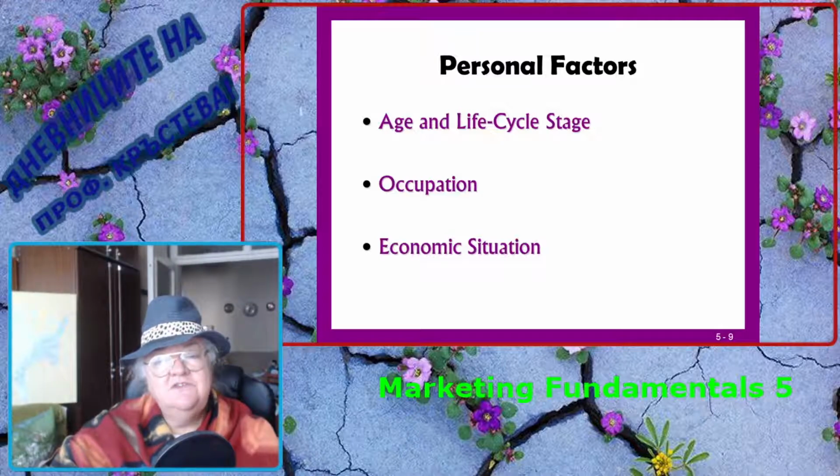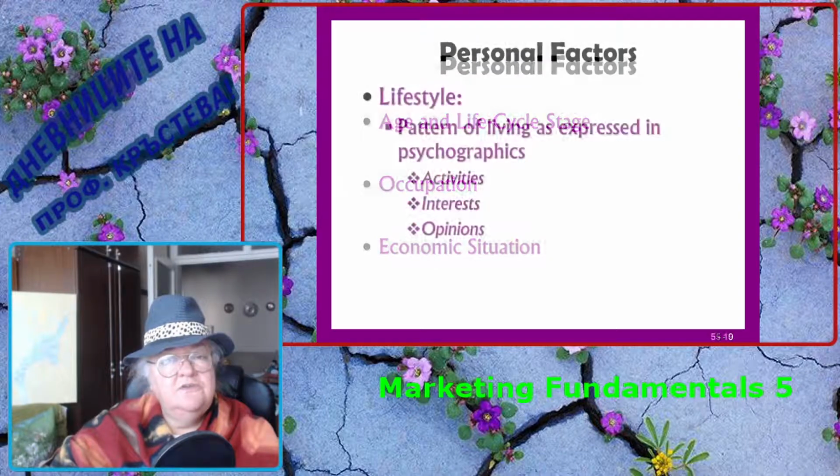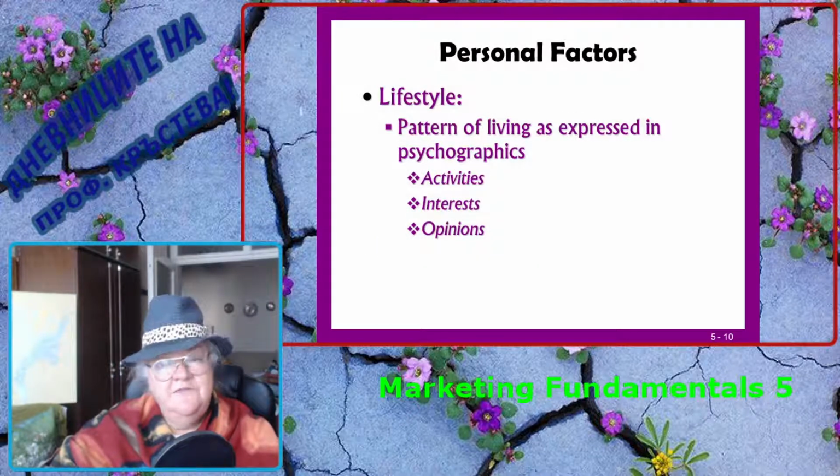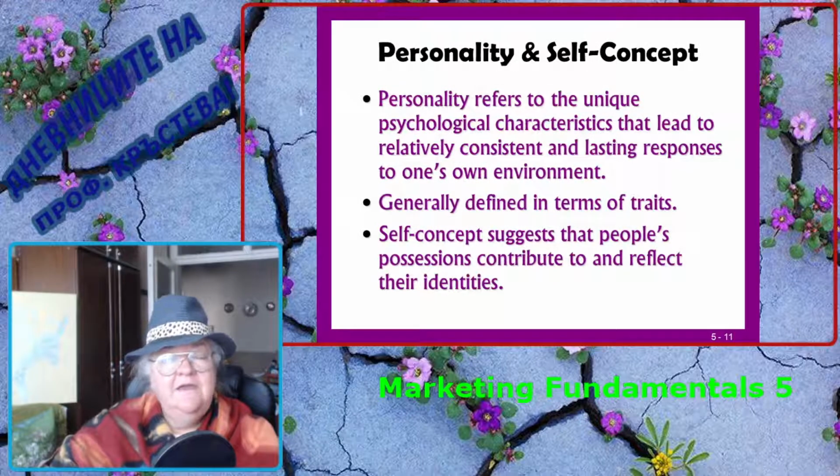These are age and lifestyle stage, occupation, economic situation. Lifestyle is the pattern of living as expressed in the psychographics, like activities, interests, and opinions. And we shall consider personality and self-concept.